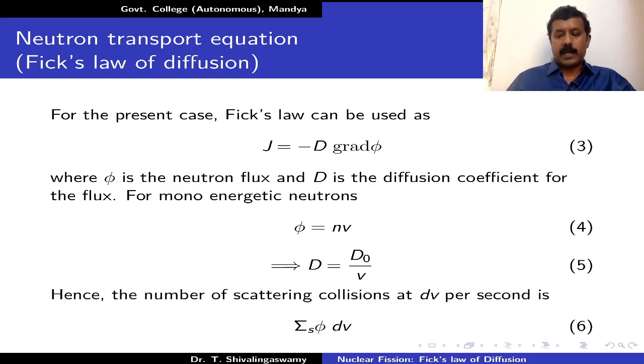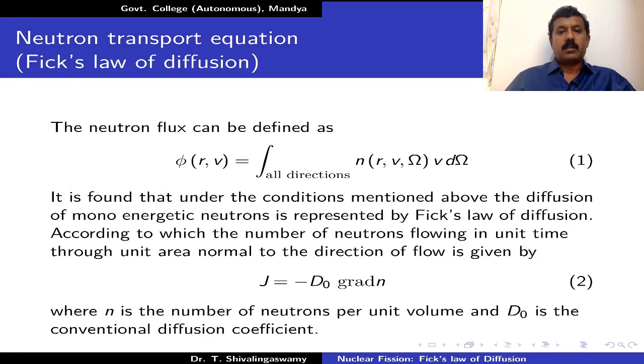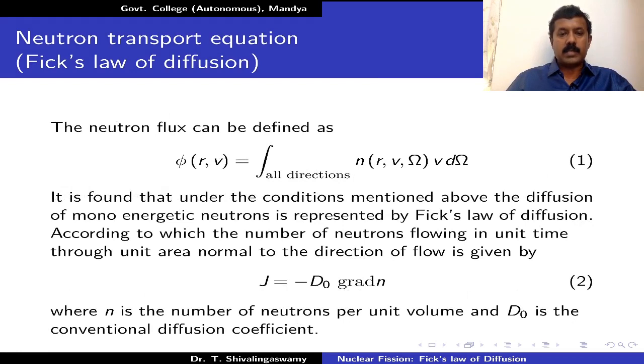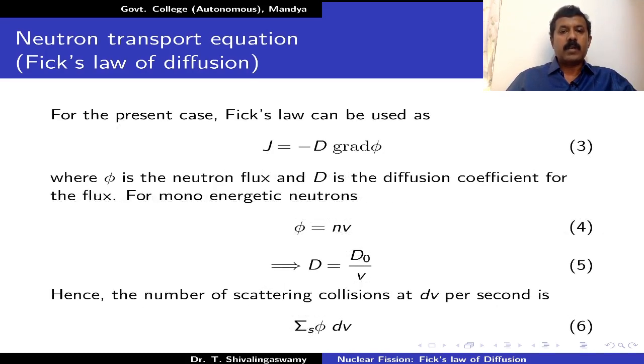If you substitute for phi in the previous equation, you will see that phi is equal to nV, therefore n is equal to phi by V. And if you substitute for n in the previous equation, we have J is equal to minus D naught grad n, but n is equal to phi by V. Hence, you will see that this 1 by V will come out, and that D naught by V, I have taken as D. Hence, for the present form, Fick's law can be written as J is equal to minus D grad phi.